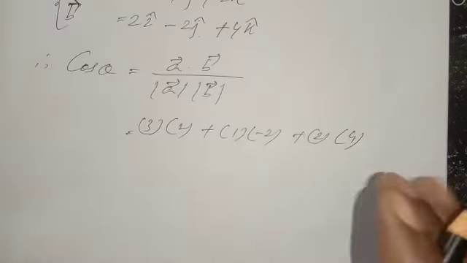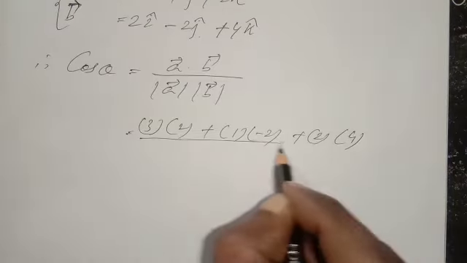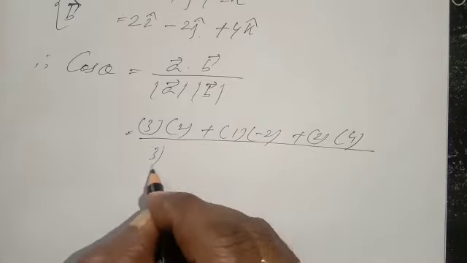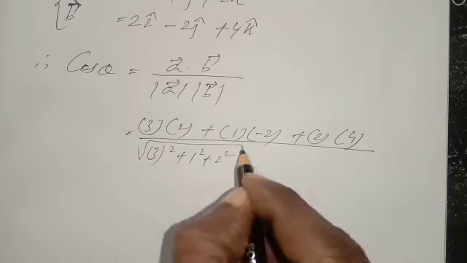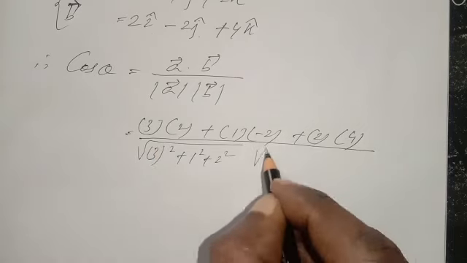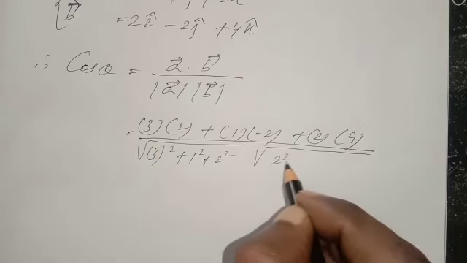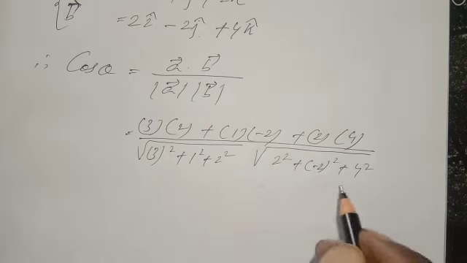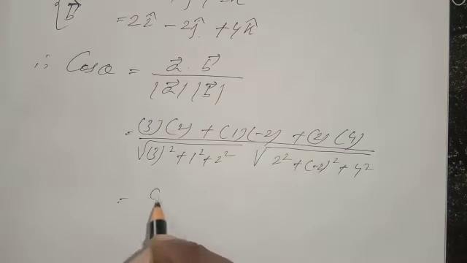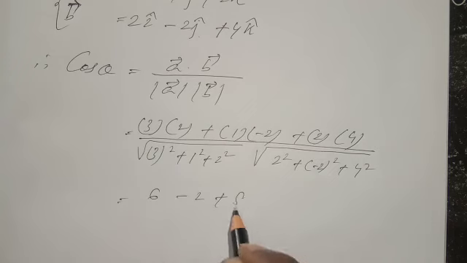The magnitude of A will be the root of 3 squared plus 1 squared plus 2 squared, and the magnitude of B will be the root of 2 squared plus minus 2 squared plus 4 squared. Now see, the numerator is 6 minus 2 plus 8.